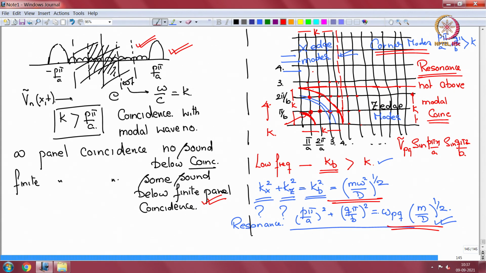Then there is a region here where the square root of (P pi by A) square plus (Q pi by B) whole squared is greater than K, but K is greater than P pi by A and K is greater than Q pi by B. So this region is double edge modes, XZ edge modes.